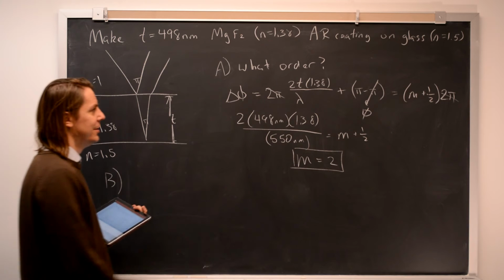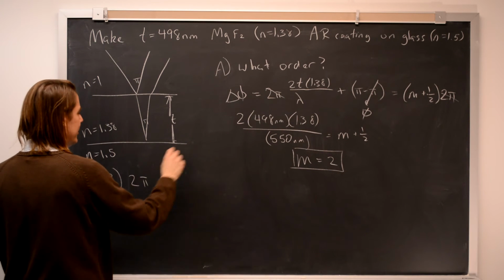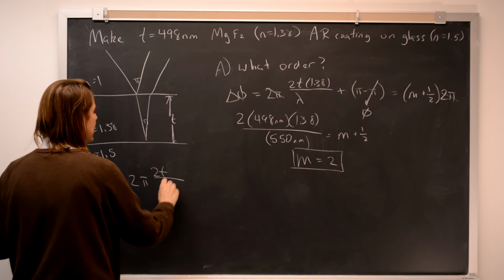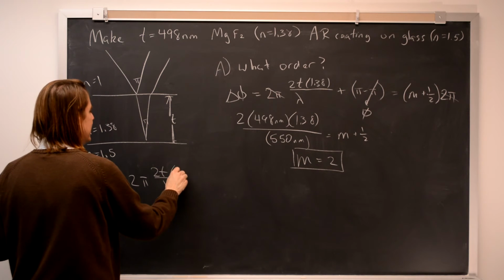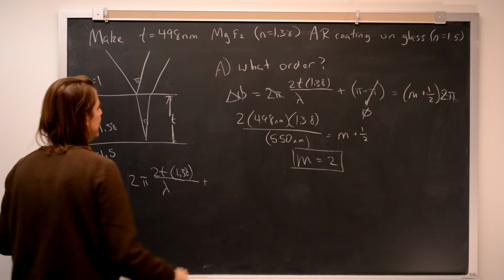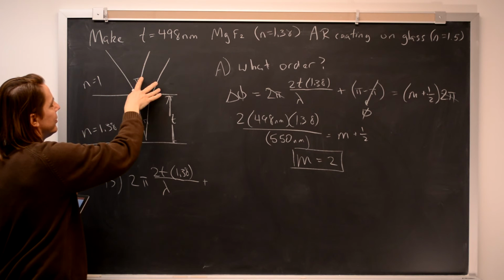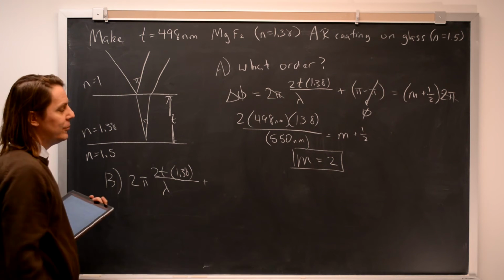Well, to find that, let's just set that up again. We want 2 pi times the path difference, 2t, over the wavelength in the medium, plus the phase difference. But we're still talking about the 2 rays that bounce out. So it's still the same. It's still pi minus pi.